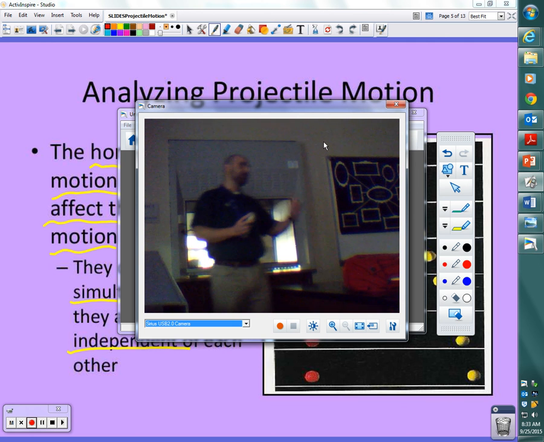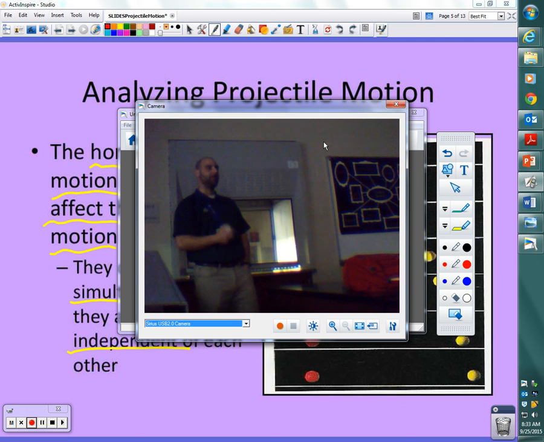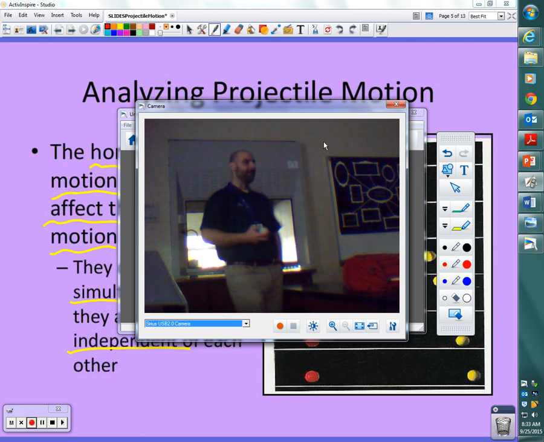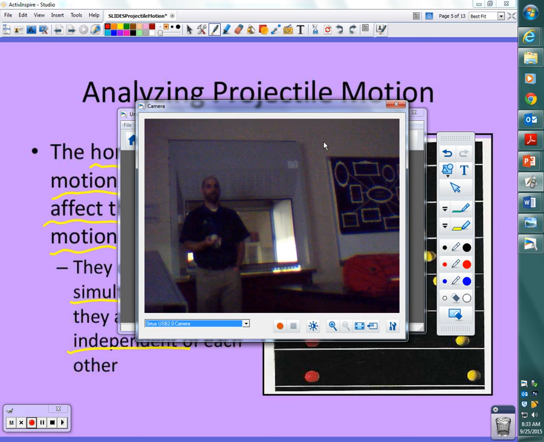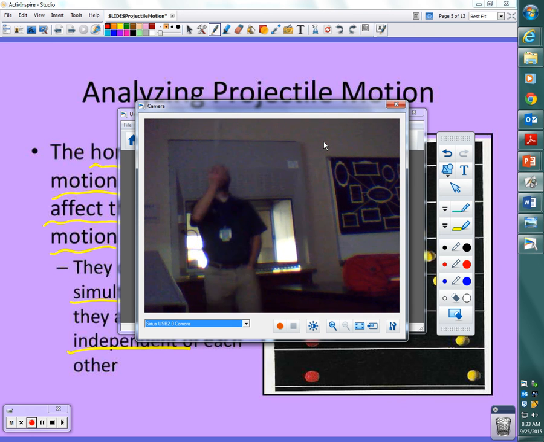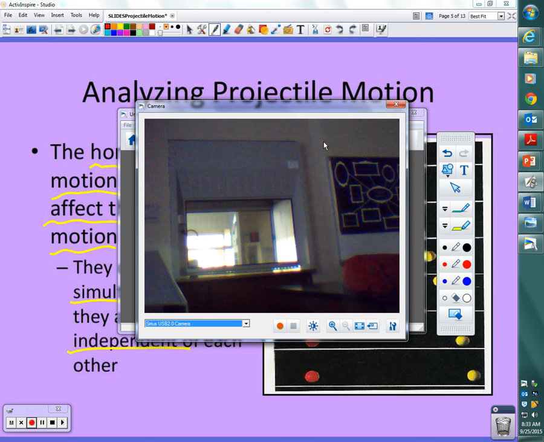Under one condition, what has to be true about our horizontal motion? It can't be, let's go with a more general word, maybe a word we learned in the last unit, accelerating, right? So if I do this, right? Ready? Okay. Walk, toss, but then I speed up, right?